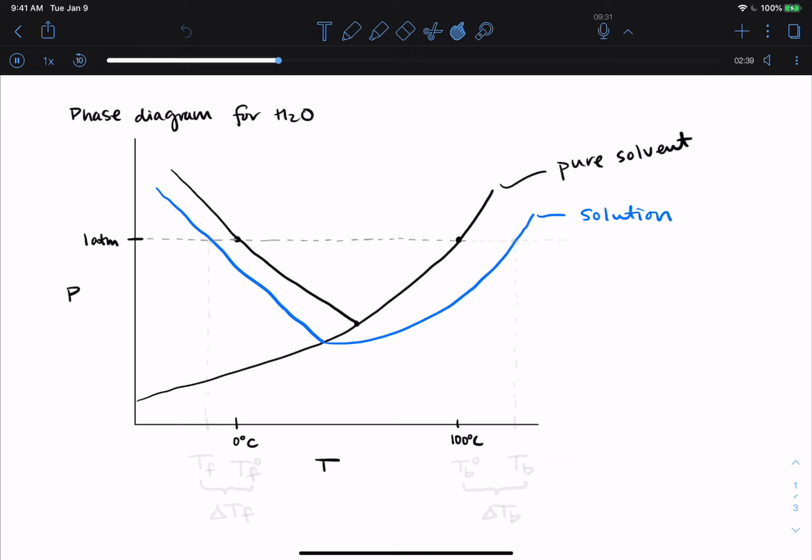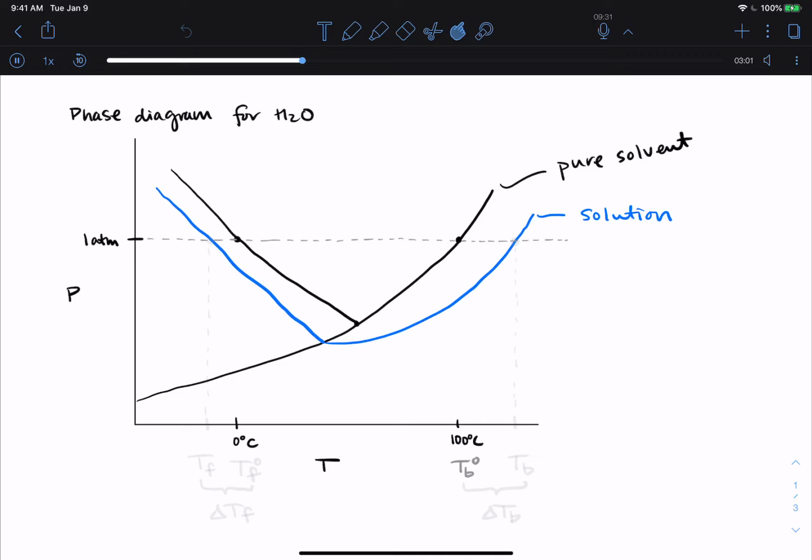So anywhere the liquid gas line crossed 1 atmosphere, that was our normal boiling temperature. So I'm going to put it down here as T_B with a little 0. And it's already marked at 100 degrees, which we know to be true.